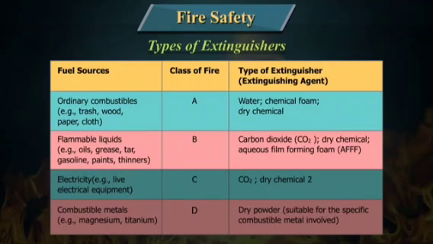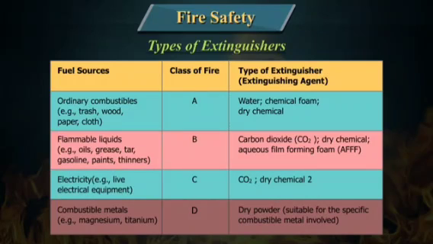Fuel source of flammable liquids, for example, oils, grease, tar, gasoline, paints, thinners. Its class of fire is B. The type of extinguisher: carbon dioxide, that is CO2, dry chemical, aqueous film forming foam.